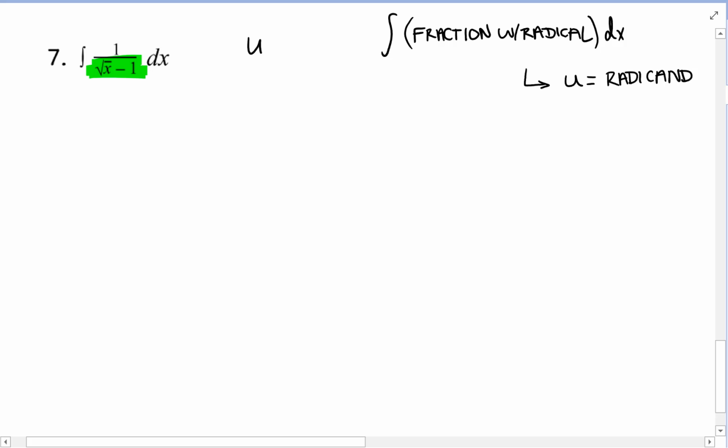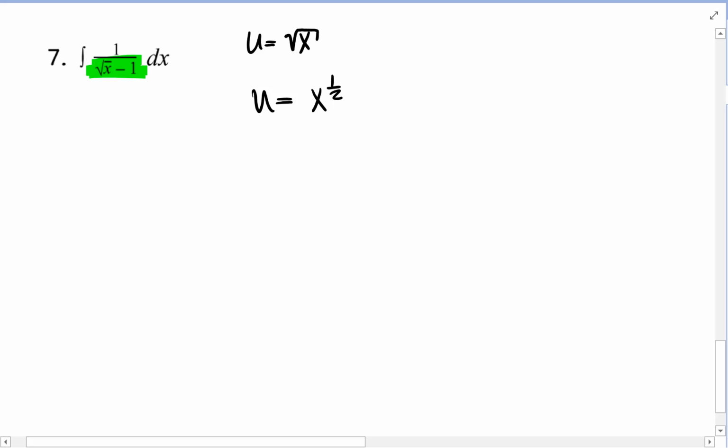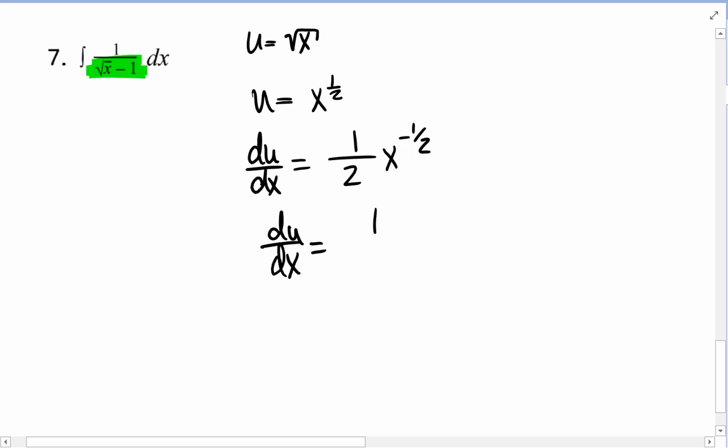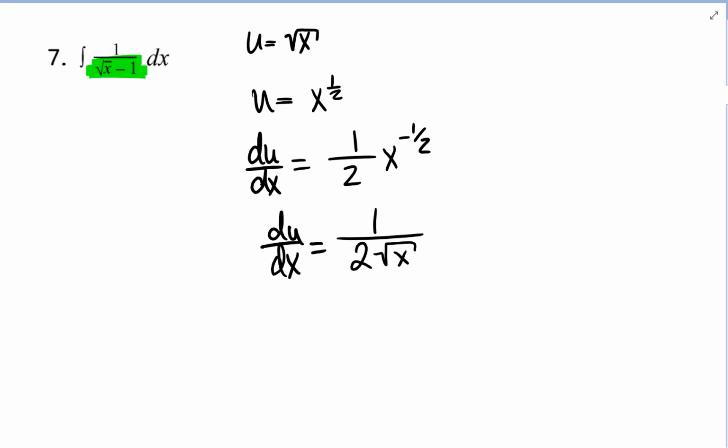But what if u is equal to square root x? So after rewriting that as a power, du dx is 1/2 x to the negative 1/2, which simplifies to be 1 over 2 square root x. And then to get du by itself, I'll multiply both sides by dx.